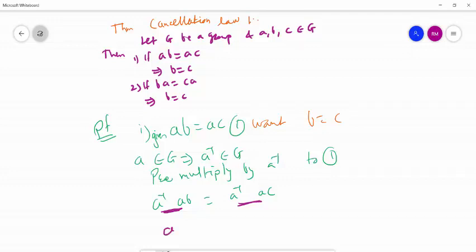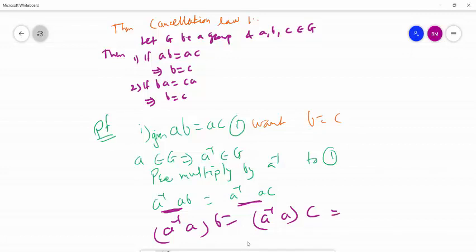Our target is to show b equals c, that's why we take a inverse a, b in bracket, equals a inverse a, c. What is a inverse a? It is e. So eb equals ec. But what is eb? That is b.